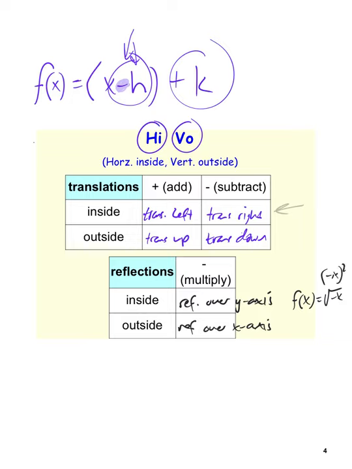If it's on the outside, it's just out in front, so f of x would be negative root x or negative x squared. Understanding that distinction between inside and outside is something to keep in mind when you are considering the rules for reflections.